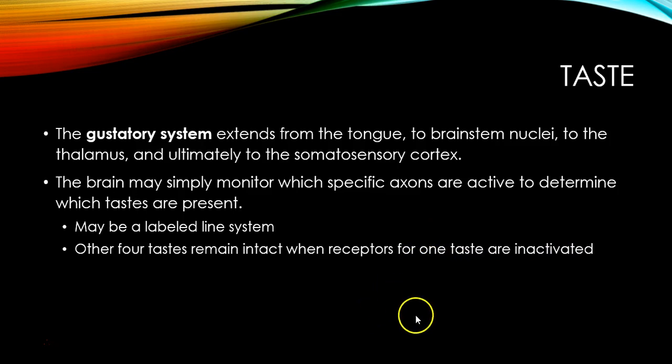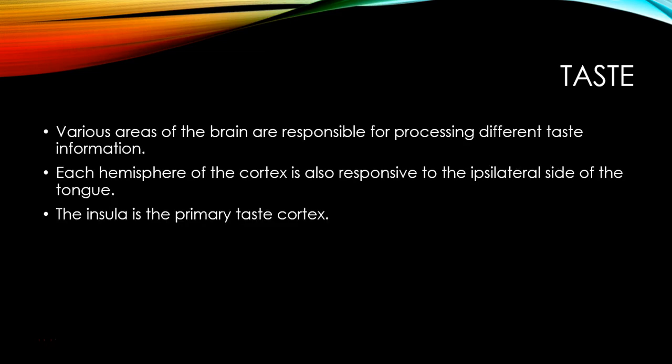Whereas if this was a pattern type of coding system, if you inactivated one type of taste receptor, you would tend to see changes perhaps in all the other tastes, because that taste receptor would be important in the pattern of active fibers for all the different taste sensations.